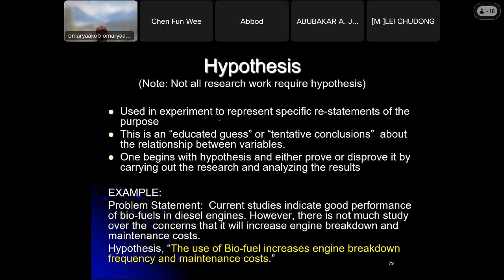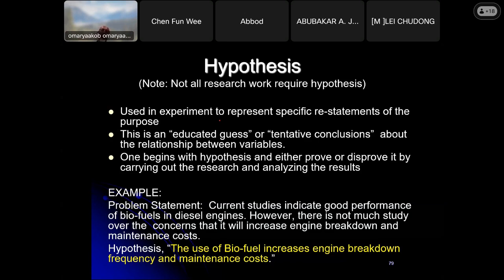Normally we use it in experiments to show cause and effect. Eating a lot of lemang during Raya causes diabetes, for example. So the hypothesis is that eating a lot of lemang causes diabetes, and you need to do an experiment to check whether that works or not. And finally, you reject or accept the hypothesis.